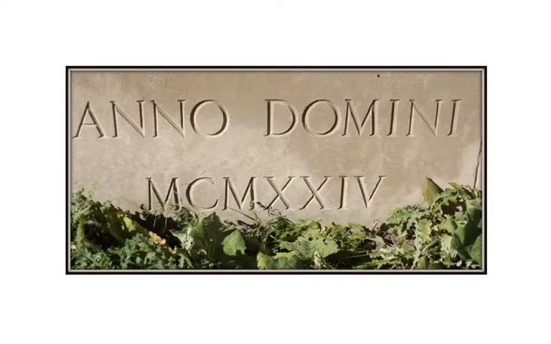Here's an example of Roman numerals being used on the cornerstone of a building. If we look at this number here, we've got 1,000, and then we've got a C before an M, so that's 100 less than 1,000. Put that together, you've got 1,924. So on this example of a cornerstone, we're representing the year the building was built in Roman numerals.